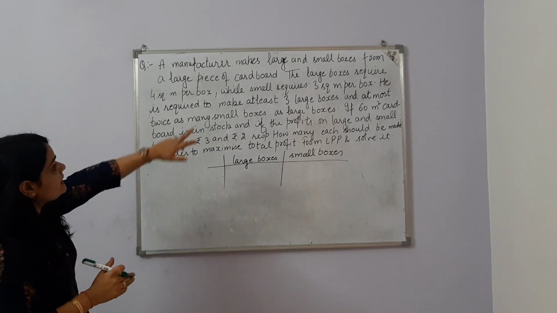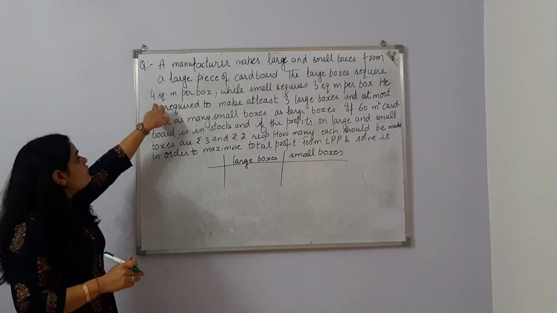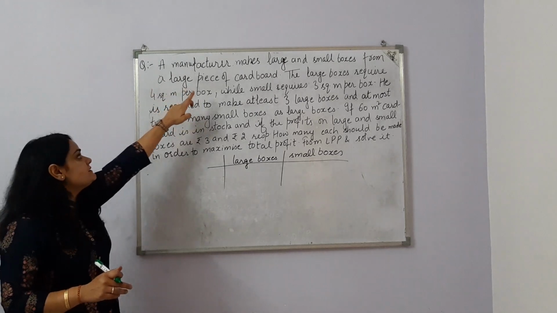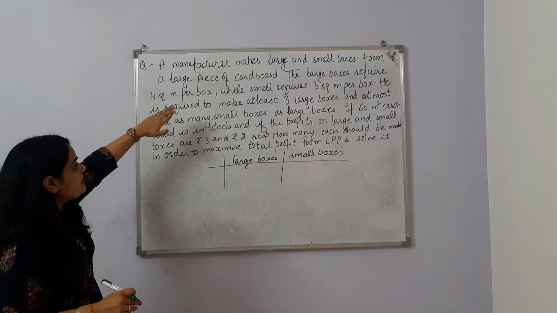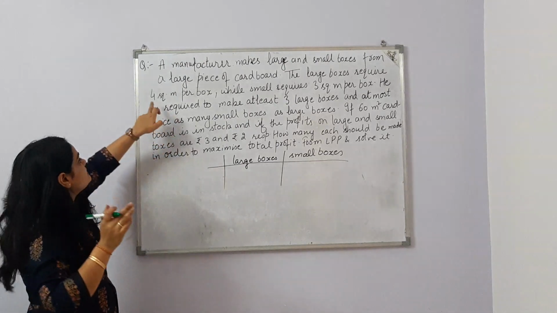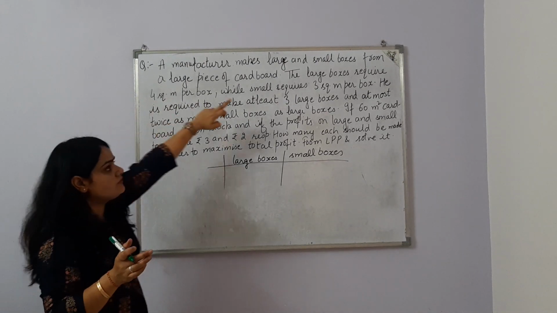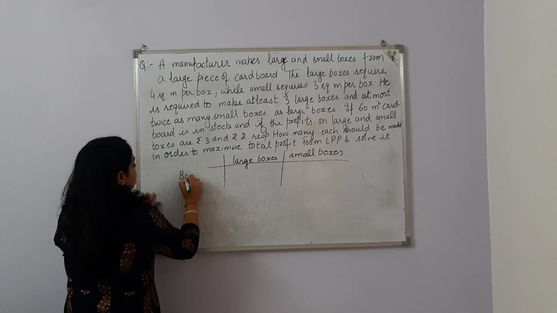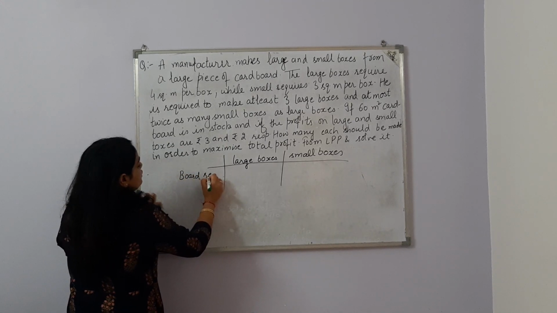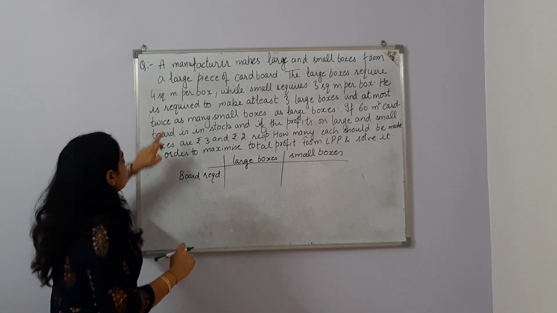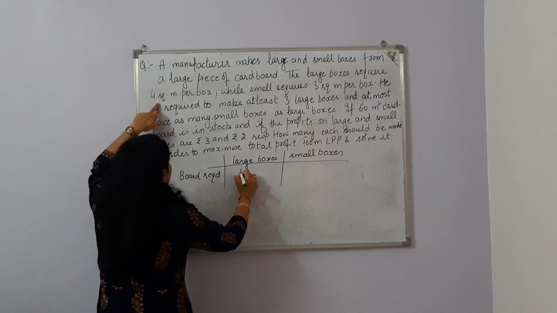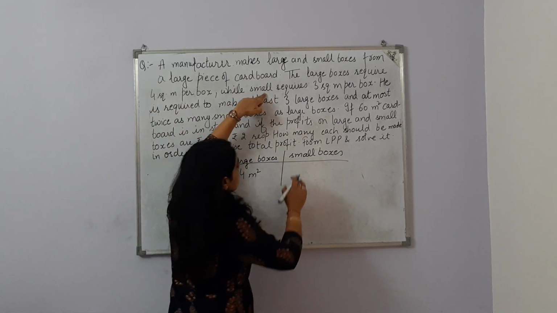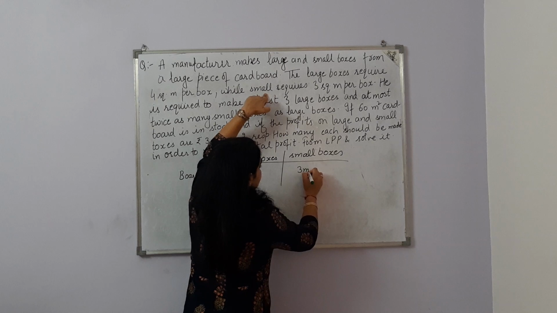Now, the large boxes require 4 meter square per box. That means he requires a cardboard area of 4 meter square for a large box, while for the small it requires 3 meter square.